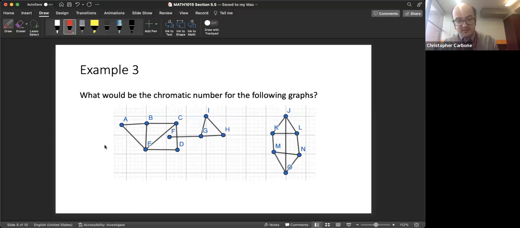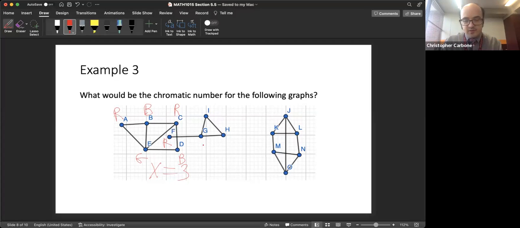Then the chromatic number for these two, for the one here on the left, this one's going to be 3. Now, why is that? I'm going to do red, blue, red. For those 3 vertices, down here we have green, blue, and red for vertex F there.